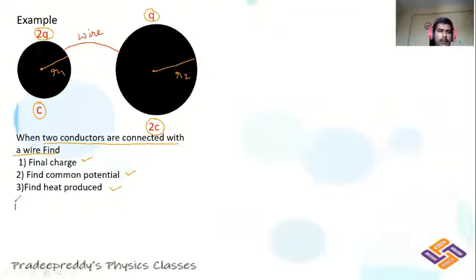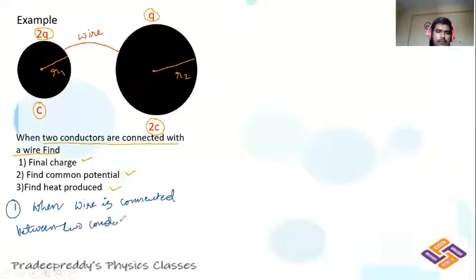So point number 1 to be noted is, when a wire is connected between two conductors, charge flows from high potential to low potential.